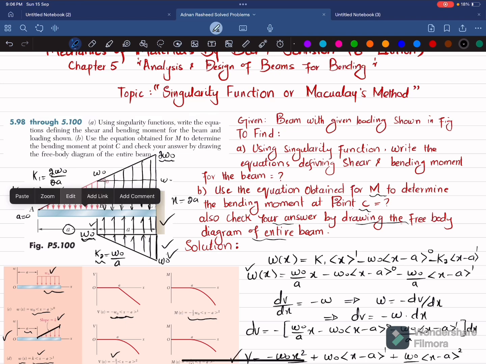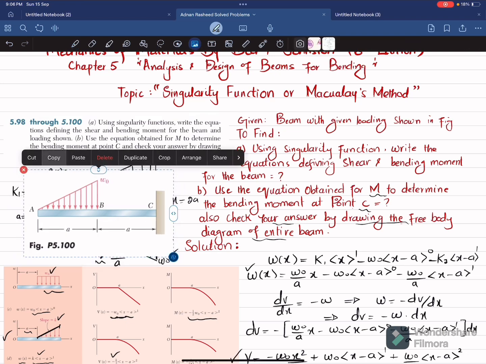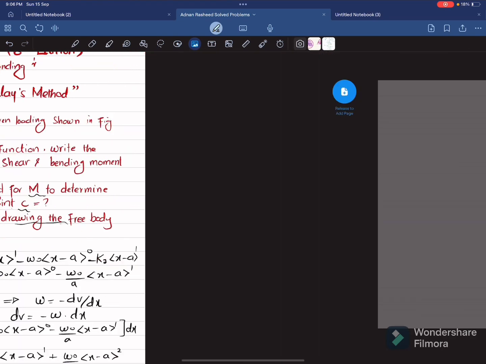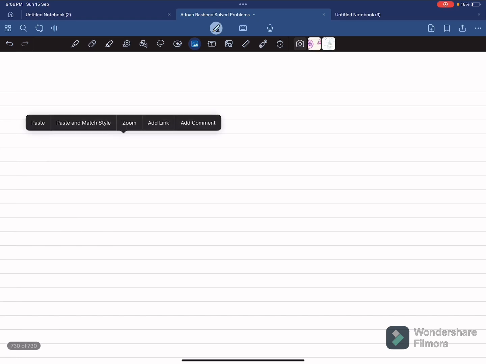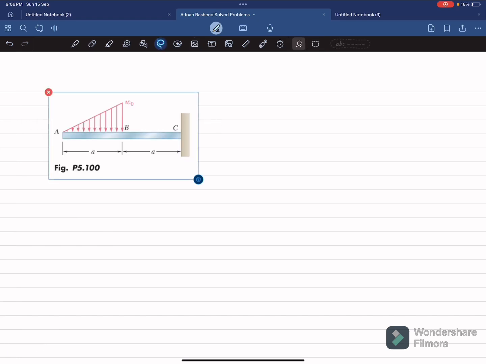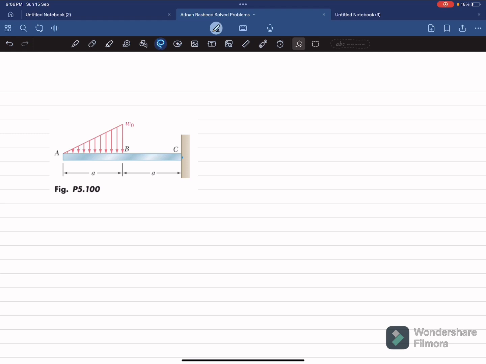So for that I will copy it and we will move toward the next page. Let me paste it over here. So you can see when you remove this support at point C, you will be having a reaction force which is RCY.